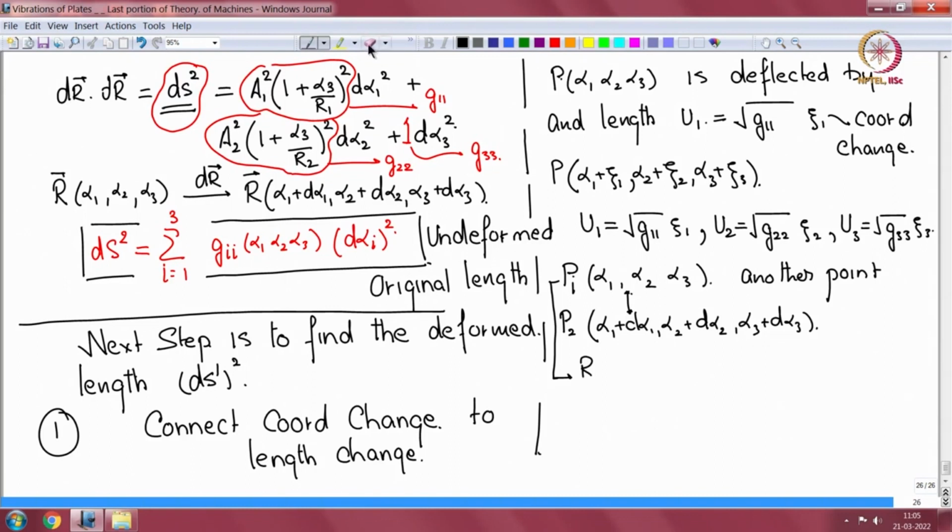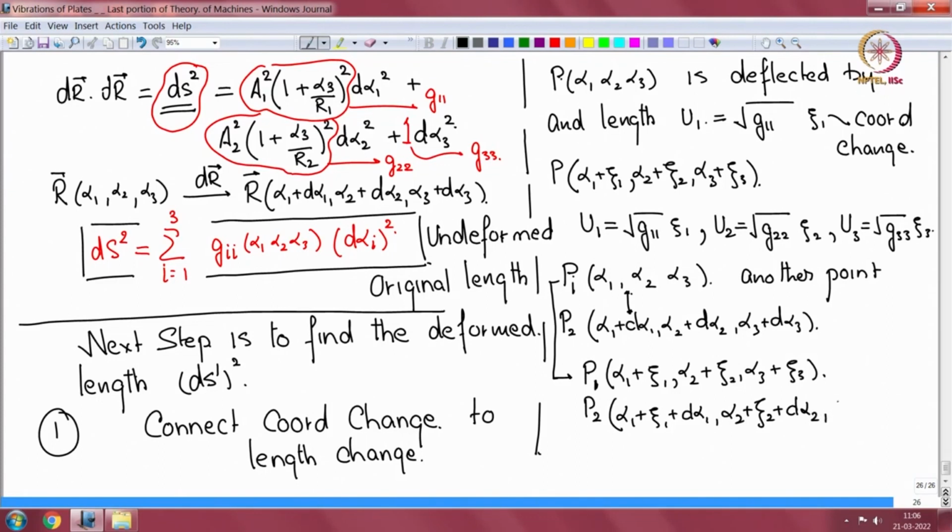Then P1 moves to alpha 1 plus xi1, alpha 2 plus xi2, alpha 3 plus xi3, and P2 rigidly moves to alpha 1 plus xi1 plus d alpha 1, alpha 2 plus xi2 plus d alpha 2, alpha 3 plus xi3 plus d alpha 3.